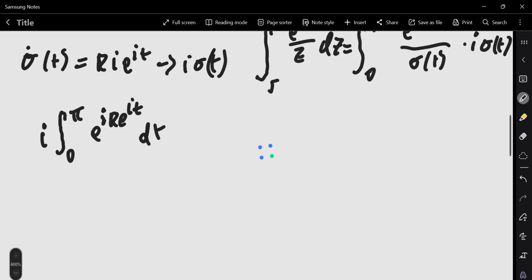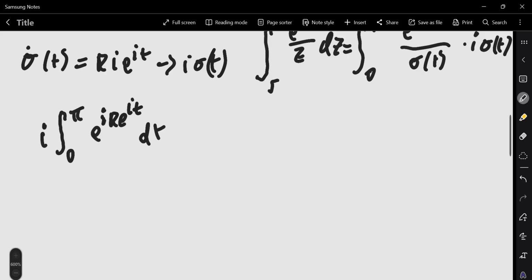As R grows, we're going to be looking at the absolute value of the integral from 0 to pi of e to the i r e to the i t, and we know e to the i t is cos t plus i sine t. You split that up into two exponentials, e to the i r cos t and e to the minus r sine t, and we say that that is less than the integral between 0 and pi of the absolute value of e to the i r cos t times e to the minus r sine t.